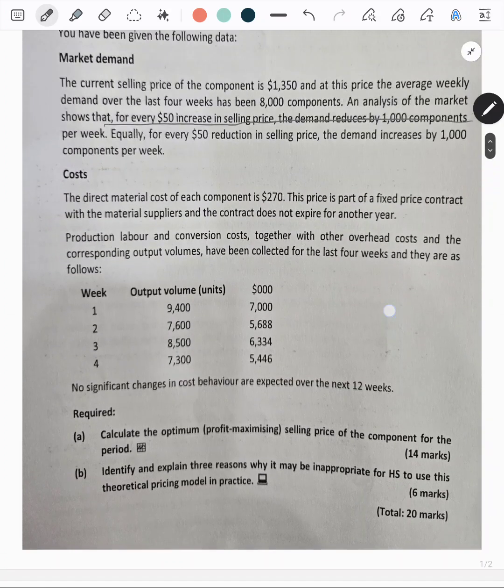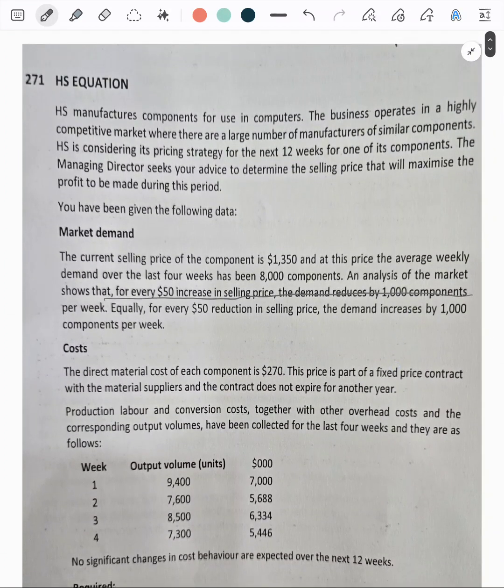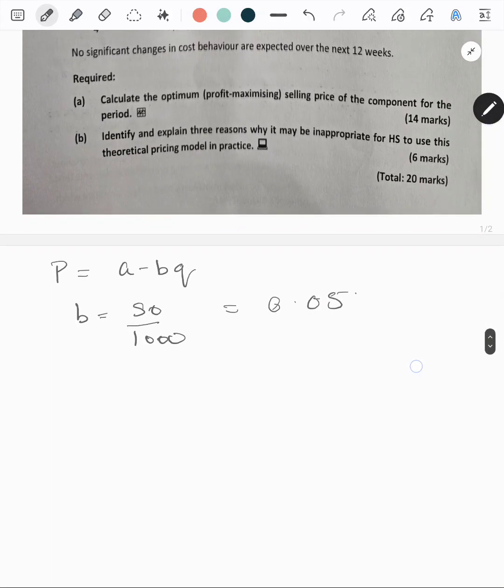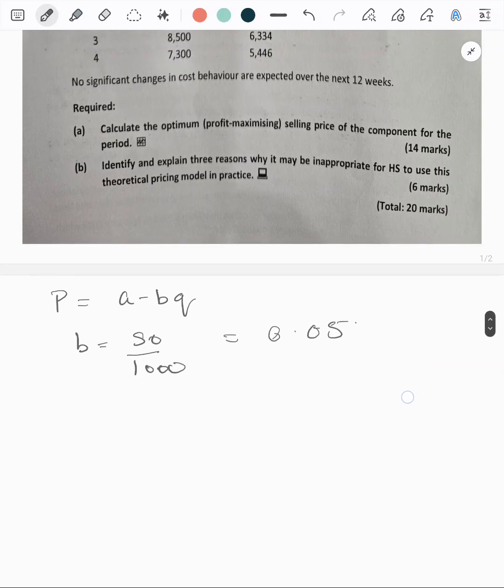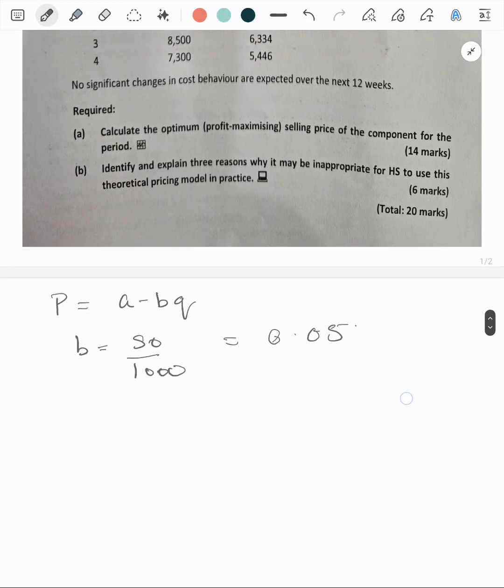Do we have Q? Yes, it's 8000 components.